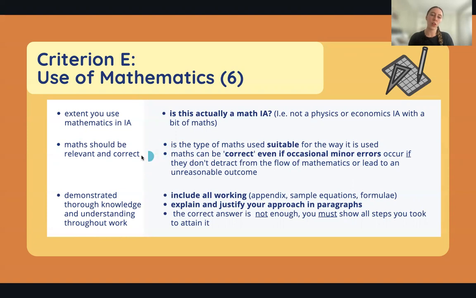And then correct is very interesting, because the maths can be correct even if occasional minor errors occur, if they don't detract from the flow of mathematics or lead to an unreasonable outcome. Unlike in a maths exam, where if you make a mistake in your maths, you'll usually get a mark taken off for it, in the maths IA they're not really concerned with really small algebraic errors or anything like that.